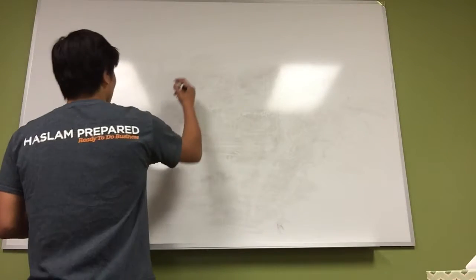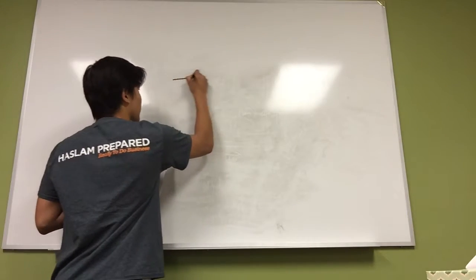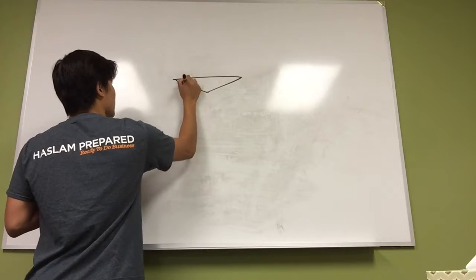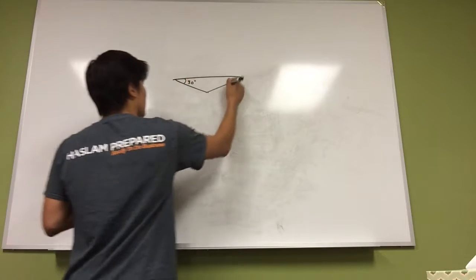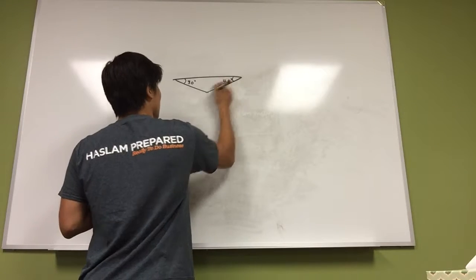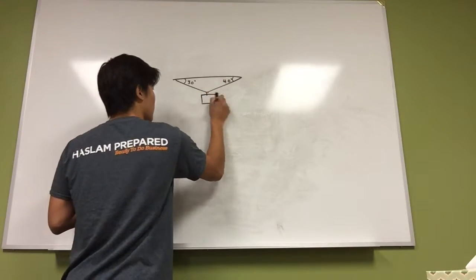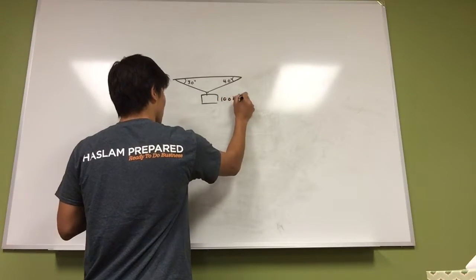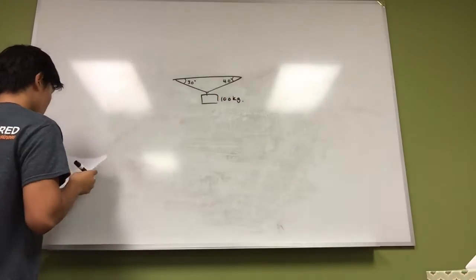One of the problems that's going to come out in the vector exam is something like this: let's say this is 30 degrees, and that's 40 degrees. And we have an object right there, and this object has 100 kilograms.